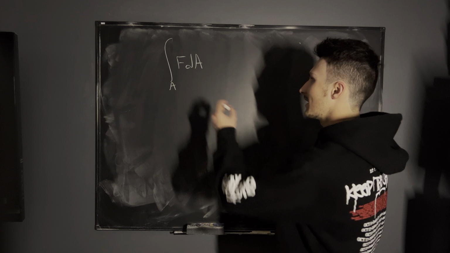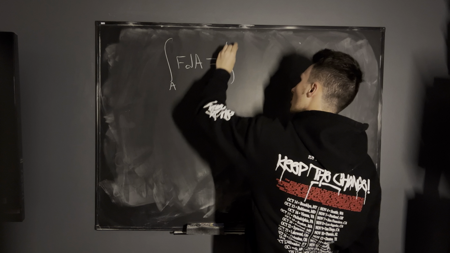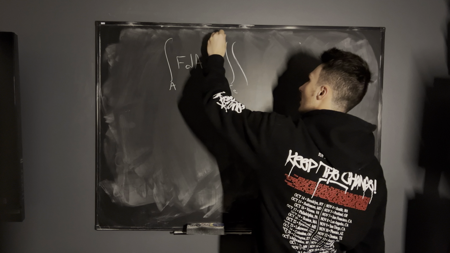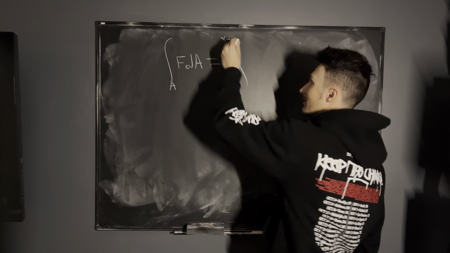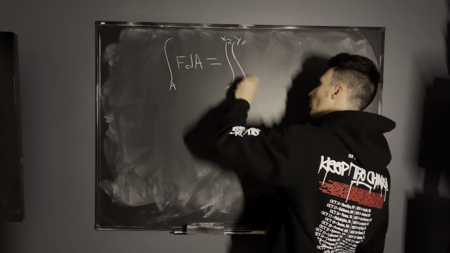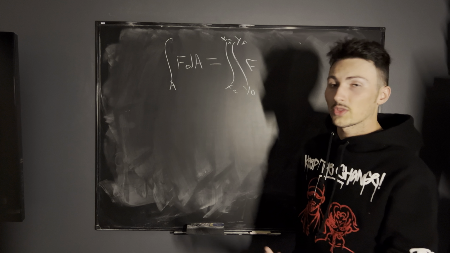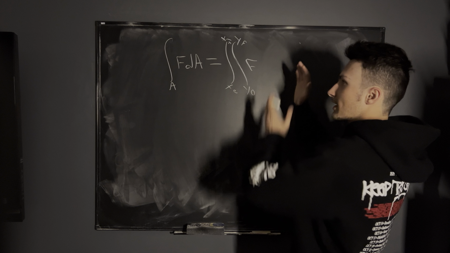So yeah, this is going to be the integral, and so this would be x naught to x final, y naught to y final of f. That's not a good f, but I hope it's understood. With multiple integration, your order is going to be defined by the insides.